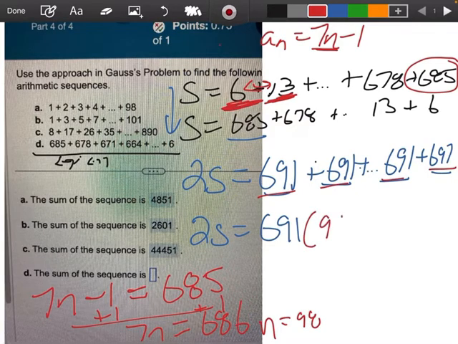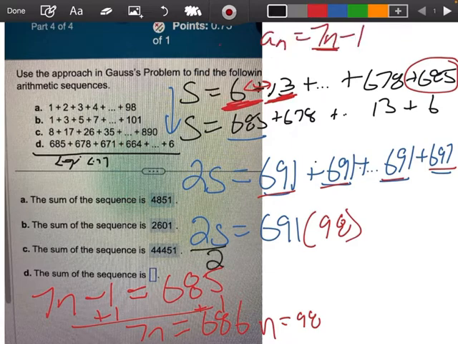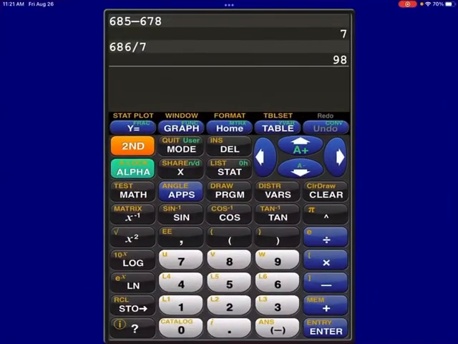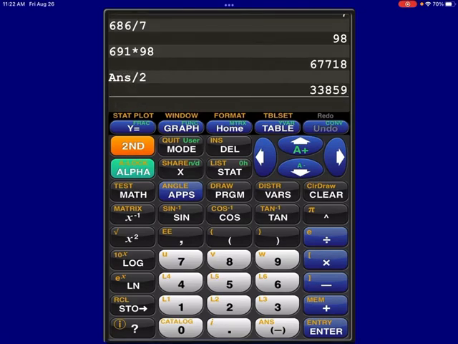So now what we want to do is we're going to divide both sides here by 2. So S equals, and let me take my calculator again one more time. I'm going to multiply 691 times 98, and then I'm going to divide it by 2. So 691 times 98 equals, divided by 2 equals, and I'm coming up with 33,859.